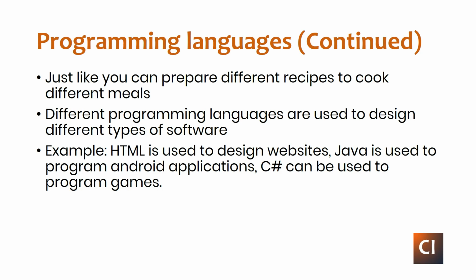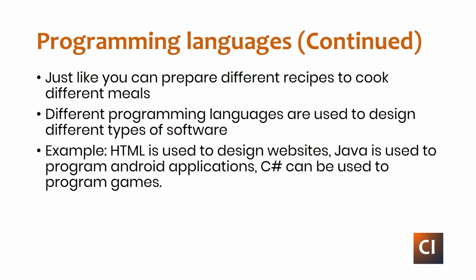Just like you prepare different recipes to cook different meals, different programming languages are used to design different types of software. So you do not essentially use HTML to, let's say, build a desktop app. The HTML language is used to design websites.